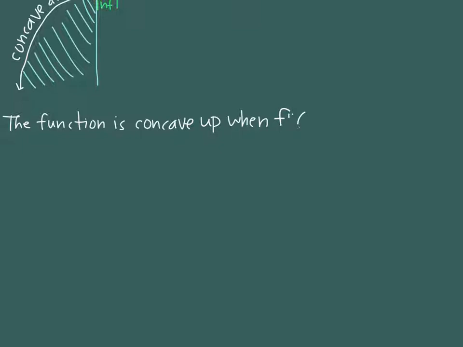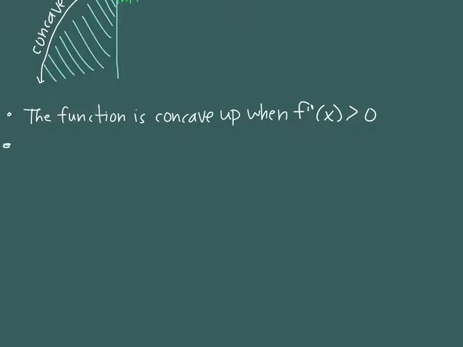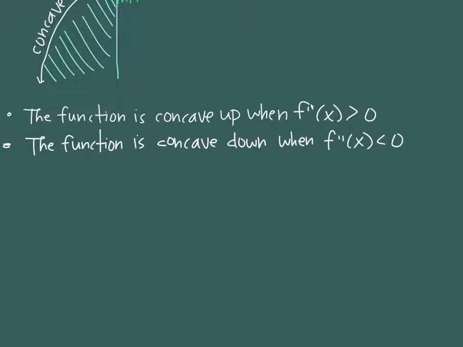It's concave up when the second derivative is greater than 0. And then you're going to say the same thing about being concave down. The function is concave down when the second derivative is less than 0.